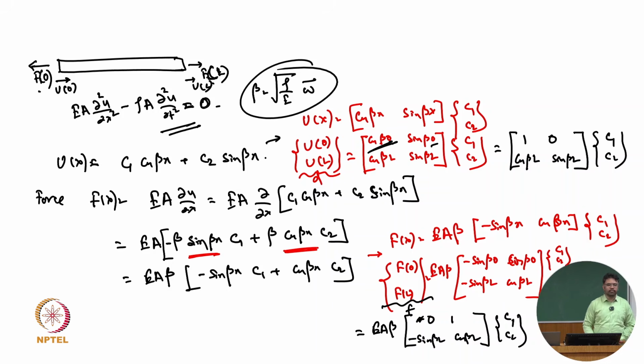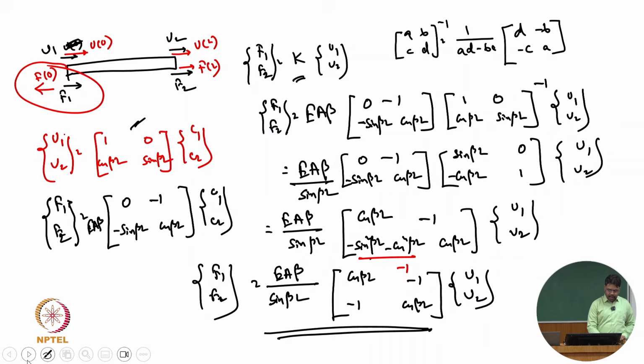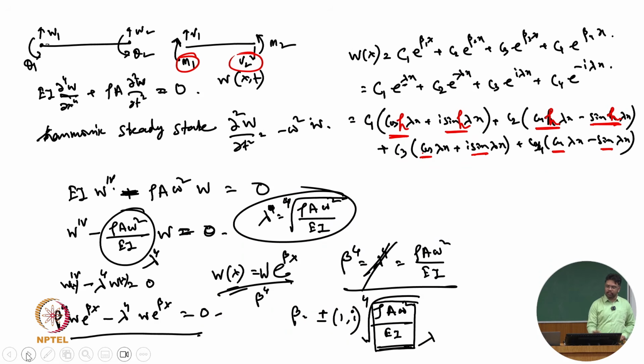No case of sine hyperbolic, cosine hyperbolic. Why? Because we had a second order partial differential equation, so that's why we are getting only sine and cosine. But here instead of second order we are having fourth order. So for the fourth order, cos hyperbolic and sine hyperbolic come into the picture.